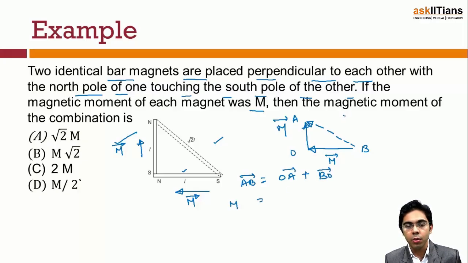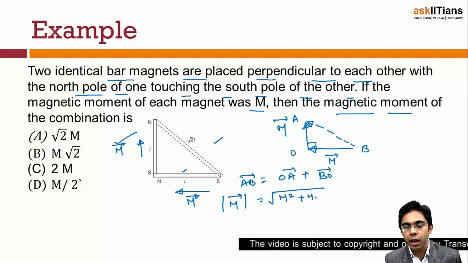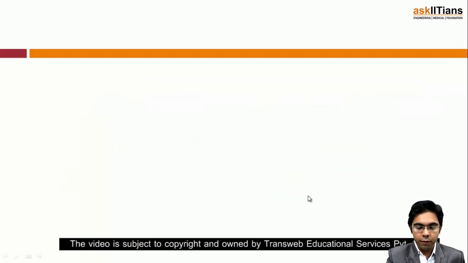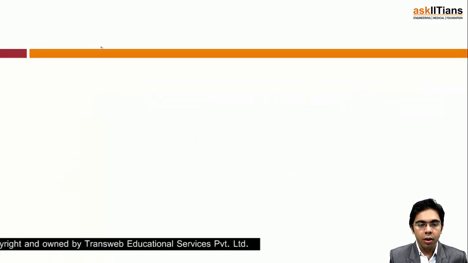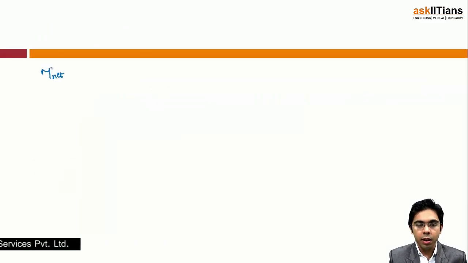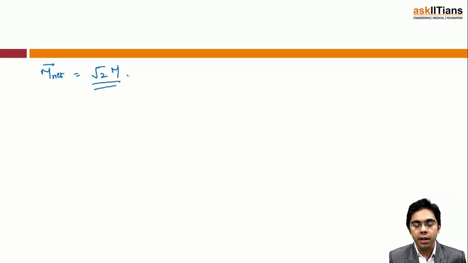Since they are asking about the magnetic moment of the combination, I'm finding the magnitude. Since the angle between both the magnets is 90 degrees, it will be the square root of m1 square plus m2 square, or m square plus m square. So the resultant M net comes out to be root 2 M. This will be the final answer.